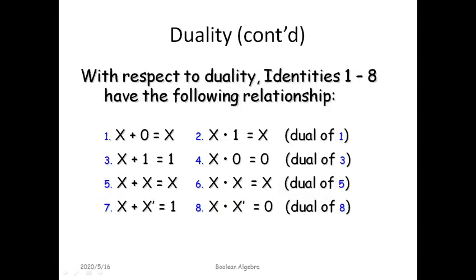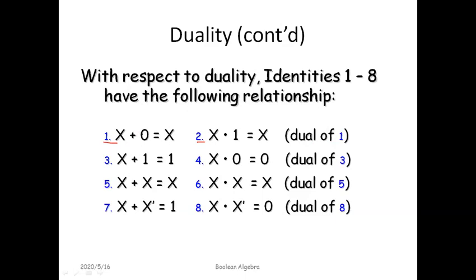So, with respect to duality, identities 1 to 8 have the following relationships. Number one is related to number 2. Property number 1 here is related to property number 2 by having the dual.